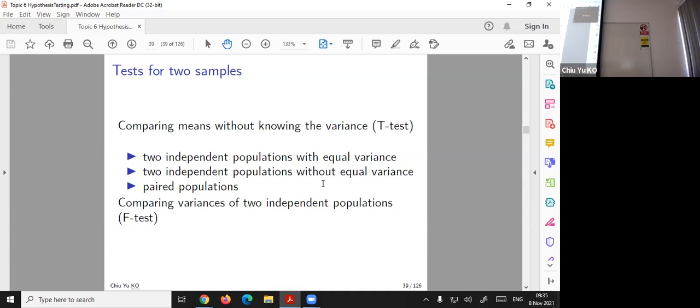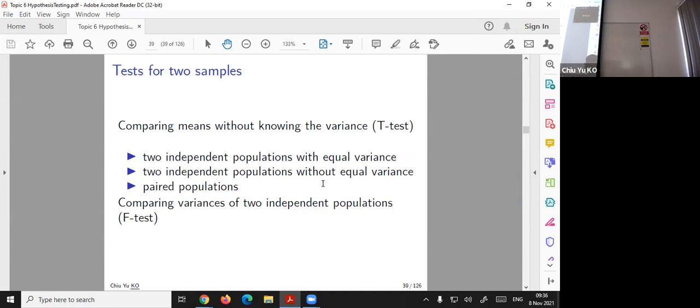So an example is a paired population. It can be the same individual before the treatment and after treatment. Or, for example, in the vaccine case, before you have the vaccine, what is the antibody level? And after taking the vaccine, what is the antibody level? So you can do that.